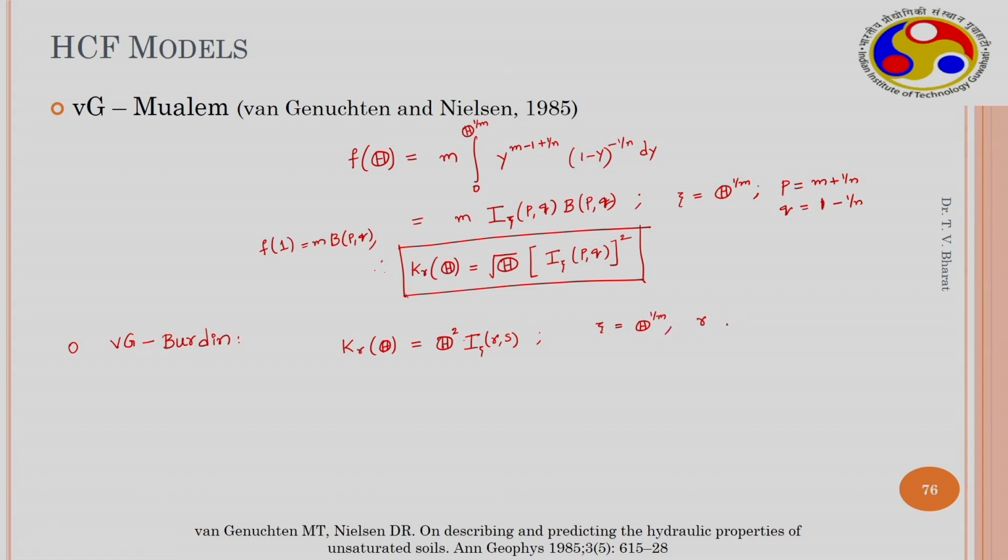Here R is equal to m plus 2 by n and S is equal to 1 minus 2 by n.